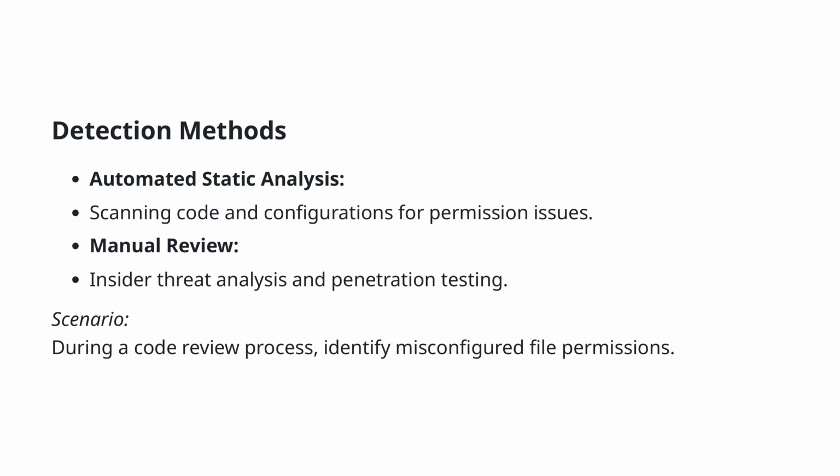These methods involve human analysts who can detect complex issues that automated tools might miss. For instance, during a code review process, you might come across instances where file permissions are not configured correctly. This scenario highlights the importance of both automated tools and manual inspections in ensuring robust security practices.